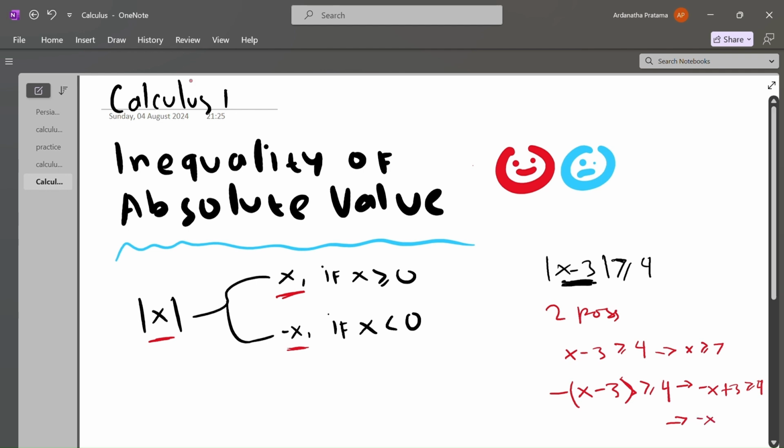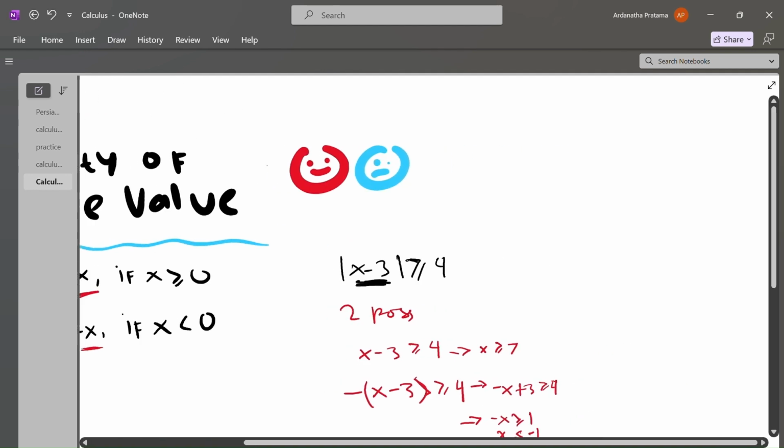And now we have minus x is greater than or equal to 1. So we will divide by minus 1 on both sides, and it will change the direction of the sign. So we have x less than or equal to minus 1.